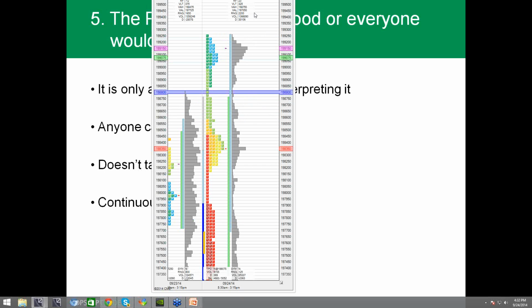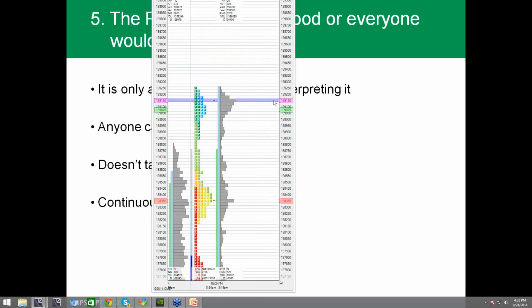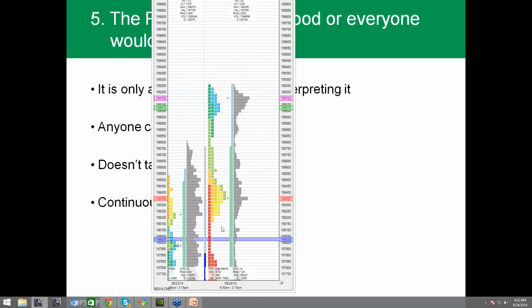We didn't spend a lot of time down in these areas, but the volume point of control is right up near the high here. So when this market started moving higher, volume moved the value area from volume profile a lot quicker than time moved the value area from TPO profile.